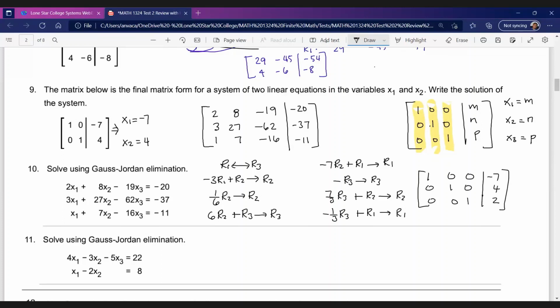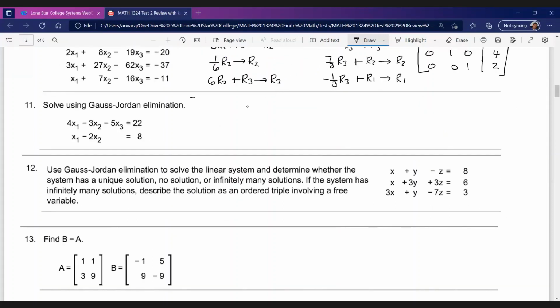Therefore, the solution here will be that x1 is equal to -7, the second variable is equal to 4, and the third variable is equal to 2. But notice that I'm showing my steps of how I got there, even though I may not necessarily be showing them in the video. Okay.